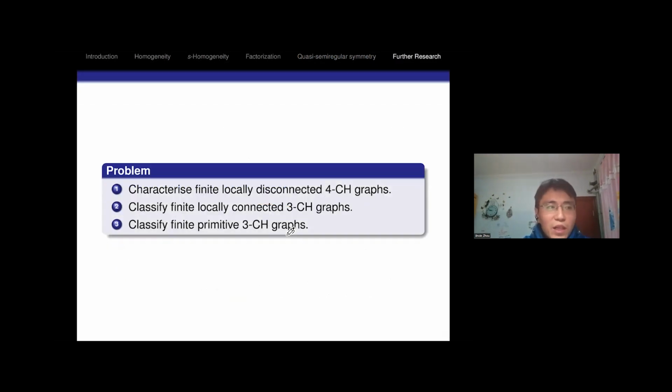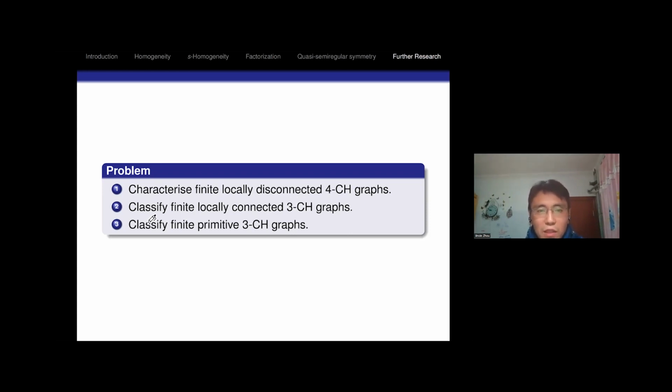And finally, I would like to pose some problems for further research. The first problem is about finite locally disconnected G-SCH graphs. Give a characterization or classification of such kind of graphs.